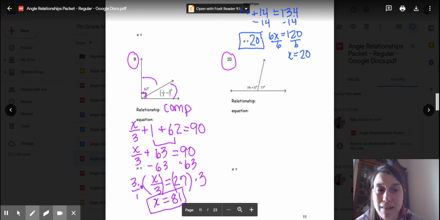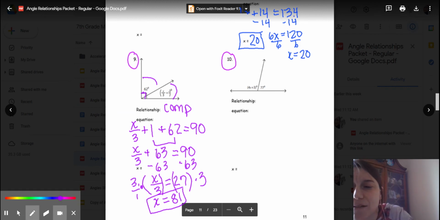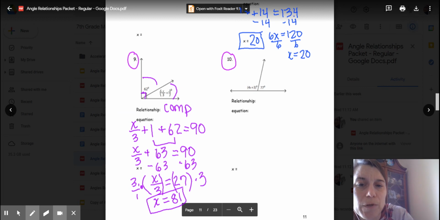Now that doesn't mean that that angle equals 81. I know that angle doesn't equal 81 because it's smaller than the other angle, and that wouldn't make any sense. So the angle doesn't equal 81, x equals 81. So when I substitute x back in here, I have x divided by 3 plus 1. Well, what's x? 81. So 81 divided by 3 plus 1.